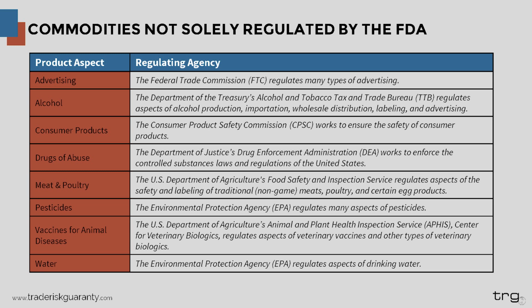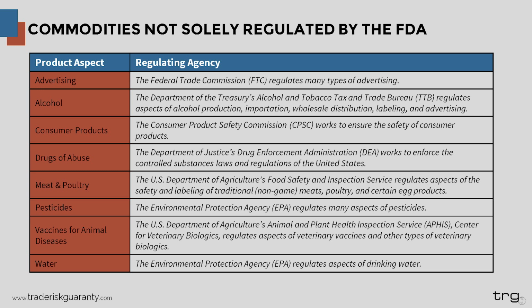Since it is nearly impossible to list off every commodity that is overseen by more than one PGA, this chart identifies a few aspects of products that are not overseen solely by the FDA. This is not an exhaustive list, but these are some of the product aspects specifically mentioned on the FDA's website. So advertising.